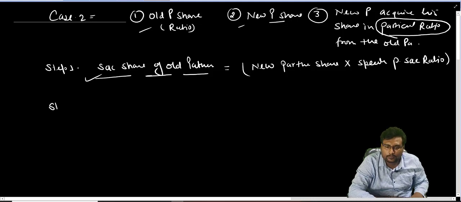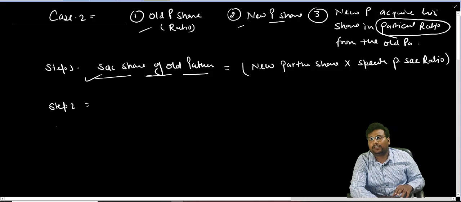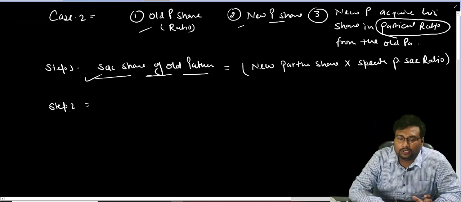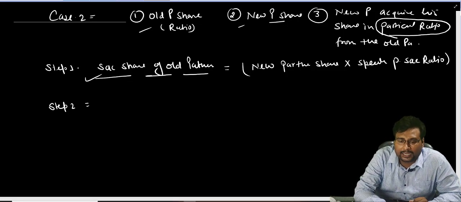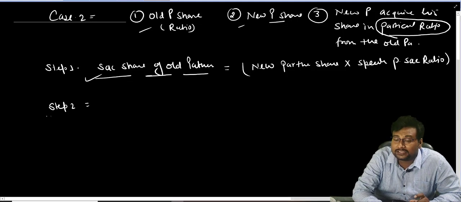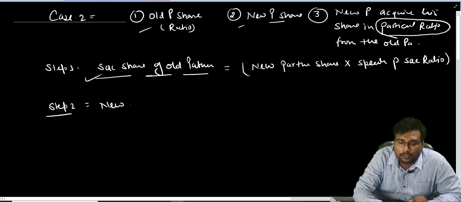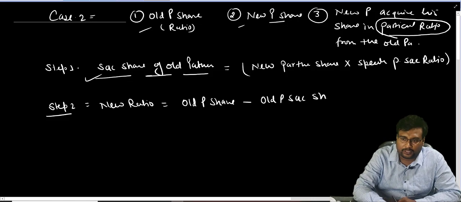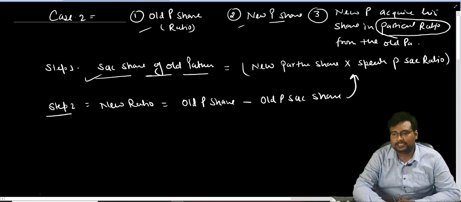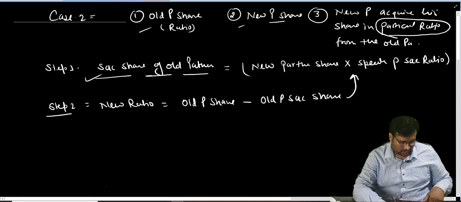And step number 2, when we get the specific share, we can find out the new ratio. And the new ratio formula is, listen very carefully: old partner share minus old partner sacrificing share.